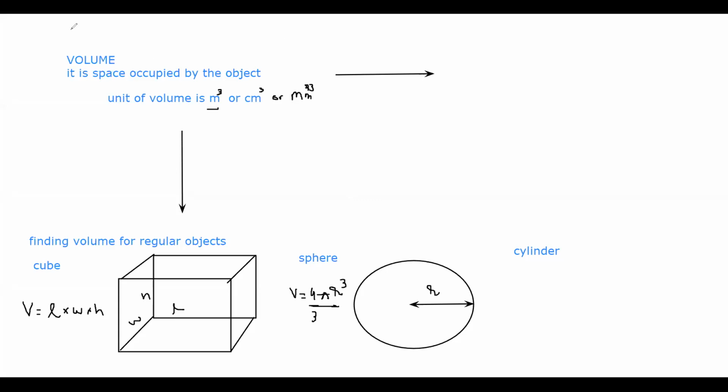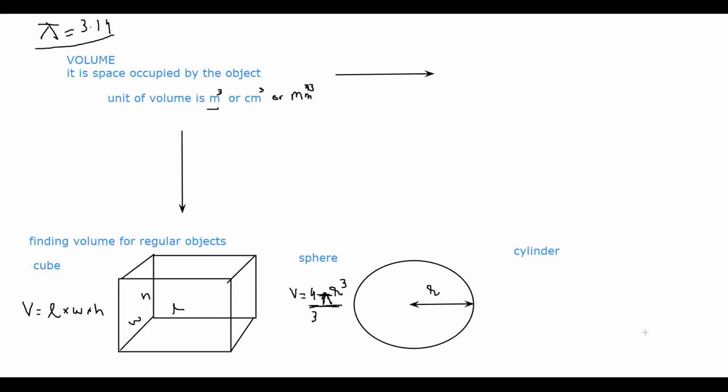Pi is a fixed value, which is 3.14. So 4 multiplied by pi multiplied by r cube, the whole numerator divided by 3.